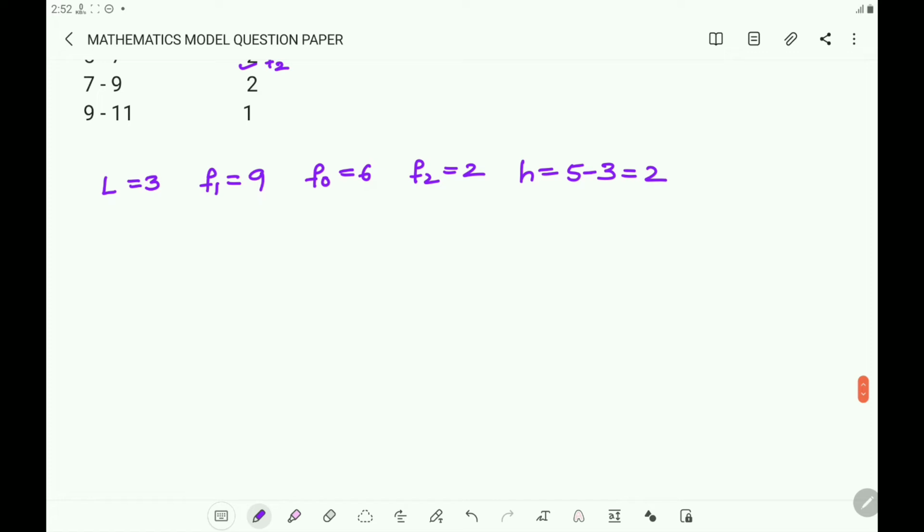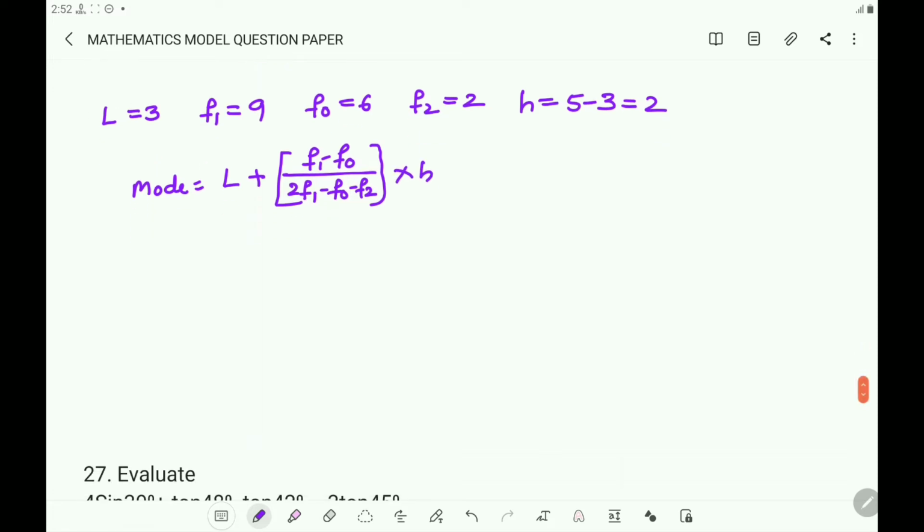You must know the formula to find the mode. Mode equals lower limit L plus F1 minus F0 in the numerator, that divided by 2F1 minus F0 minus F2, into H. Then that equals 3 plus F1.